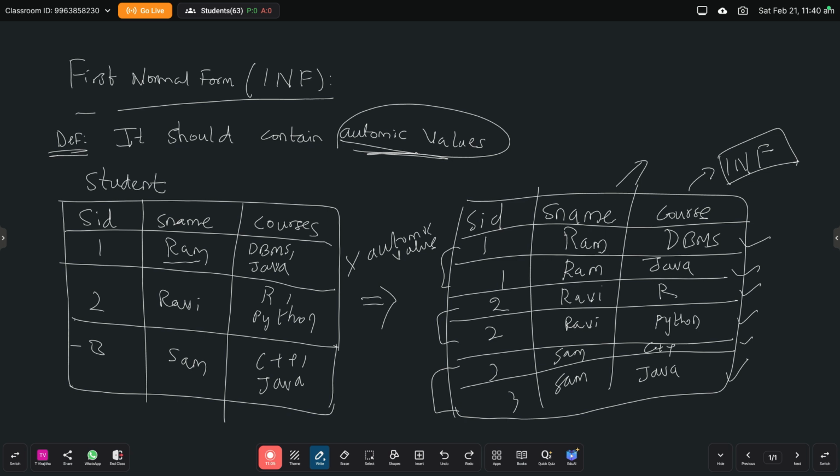So first normal form should contain only atomic values, means each row should have only a single value, not multiple values. If you have multiple values, you need to decompose the table so that it contains atomic values. But here you still have redundancy of data. Note it down.